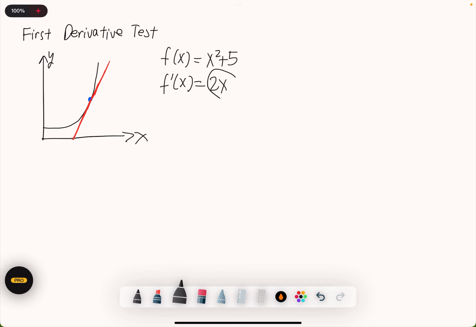And depending on the point, we know the derivative.